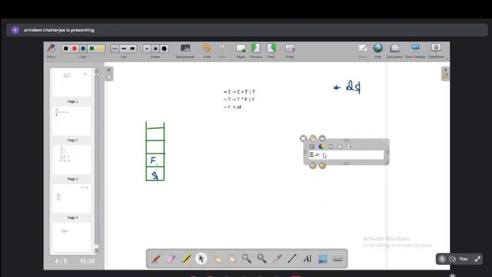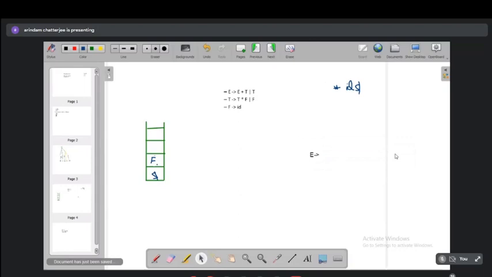E producing E plus T, then, since it is the rightmost derivation, E producing E plus F, then E plus ID... I'm sorry, this is star. So the whole thing is wrong.